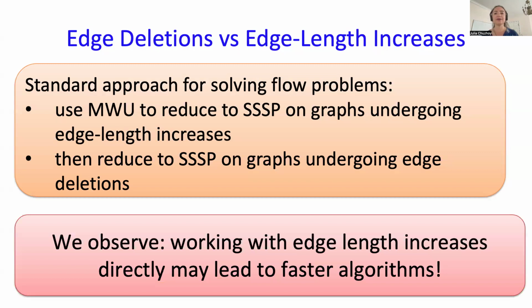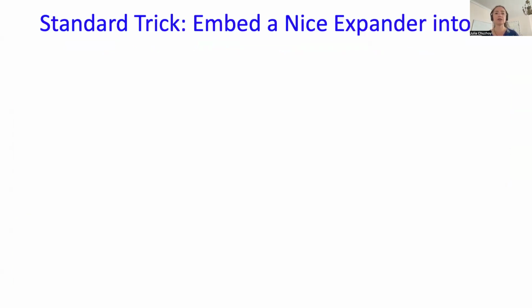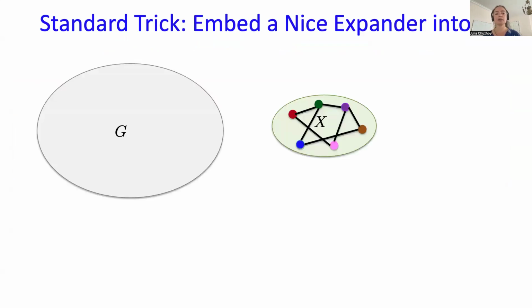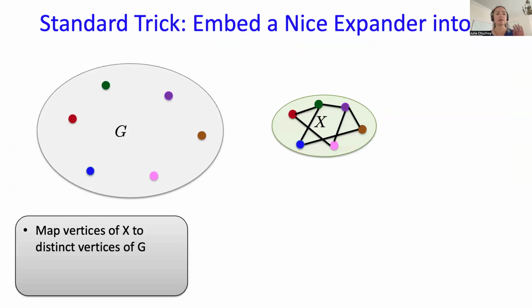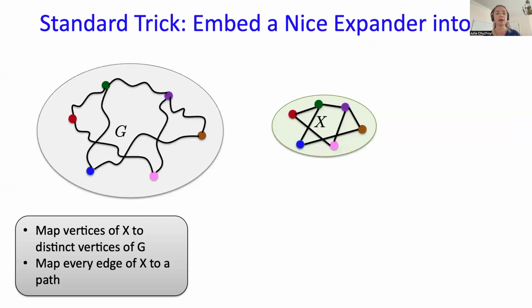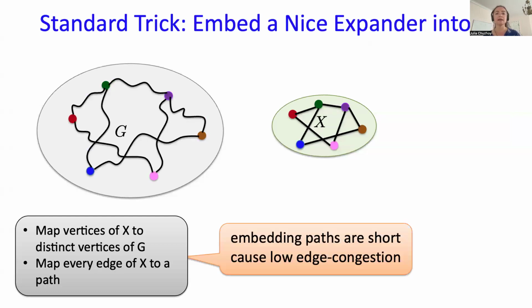So let me give you a very quick motivation. And it's a standard trick that is used a lot and that we also use in our paper. So suppose we take some graph and we want to embed, let's say, some expander into it. So we map the vertices of the expander into the graph. We will map its edges into paths in this graph. And let's say that all of these embedding paths are short and they cause low congestion.